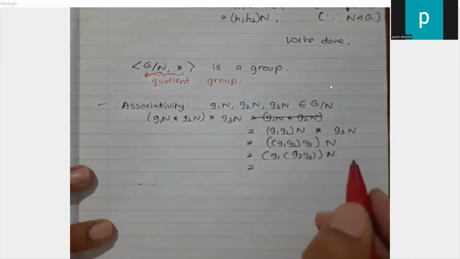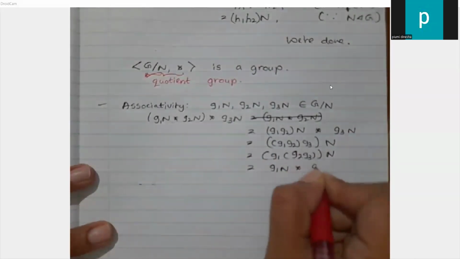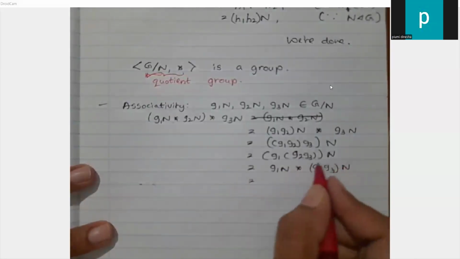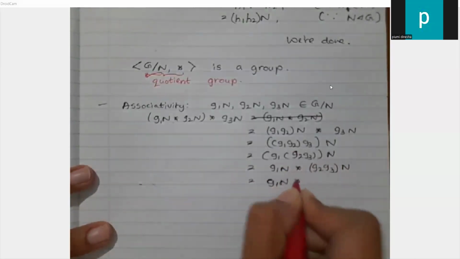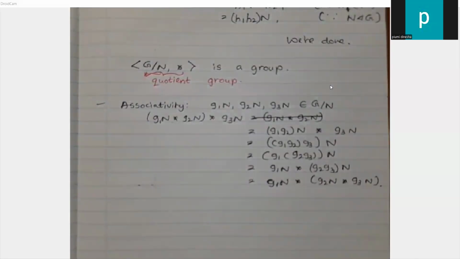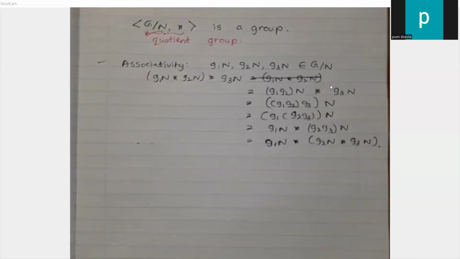Once again, using the definition of star, this is equal to g1N star g2g3N, which is g1N star g2N star g3N. So associativity holds.